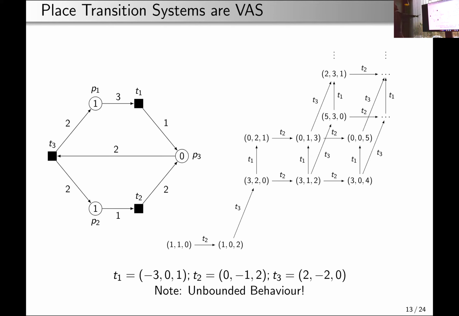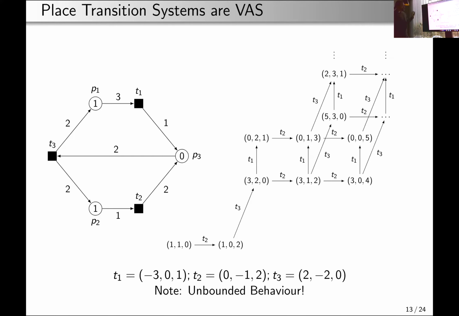Fine, so here's where we get to vector addition systems. Vector addition systems were actually developed in parallel to Petri nets at a very similar time. But Petri nets were being developed mostly in Germany, and this other view as vectors was mostly in the United States.